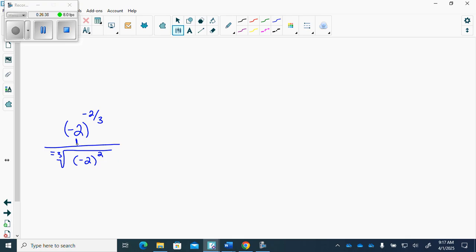So for negative 2 to the negative 2/3, what you would do is go 1 over negative 2 to the positive 2/3. Remember how to make it positive is you move it to the denominator? Does that make sense? So when you have negative exponents, it's actually a fraction.